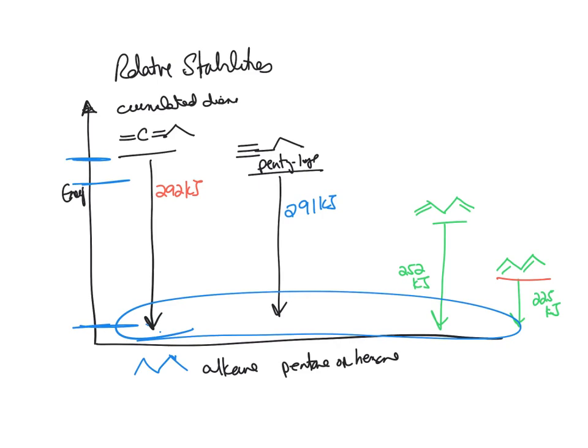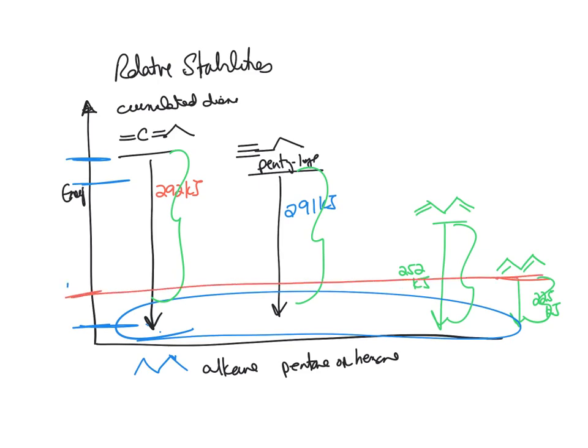So the difference in energy is this difference here that's reported. And you can see that the starting energy of the compound is a lot lower. And so these conjugated systems start at a lower energy. And so you gain energy in conjugation.